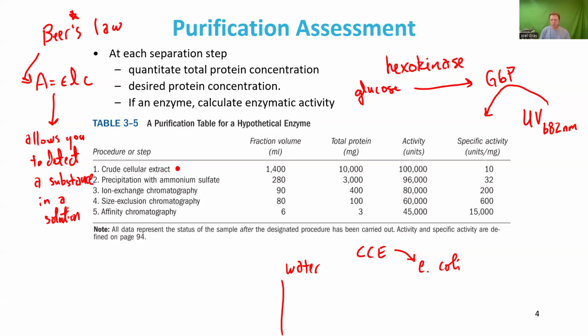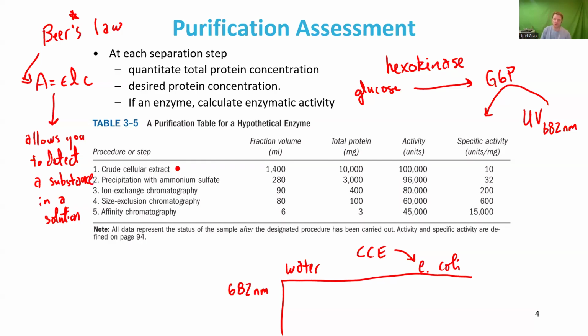And with these two samples, you shine light at 682 nanometers at them. So you are looking for glucose 6-phosphate. If this glucose 6-phosphate is present in there, then some of that light that you shine at that sample will be absorbed. Now, in water, would you expect there to be any glucose 6-phosphate?